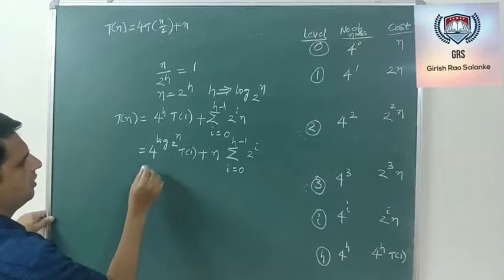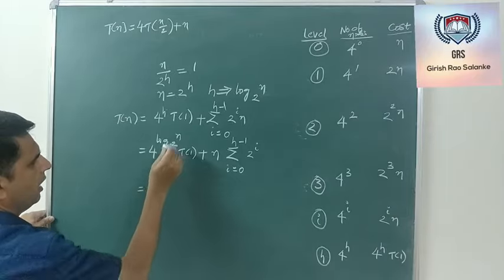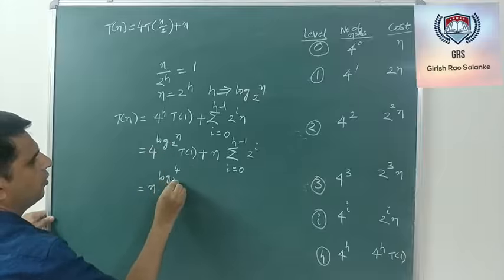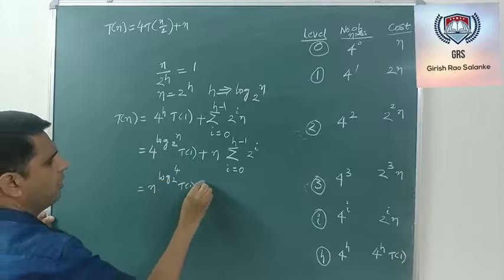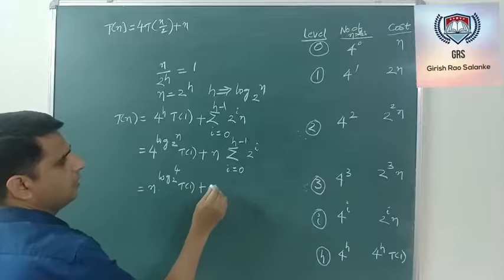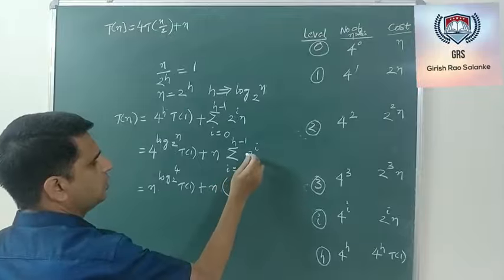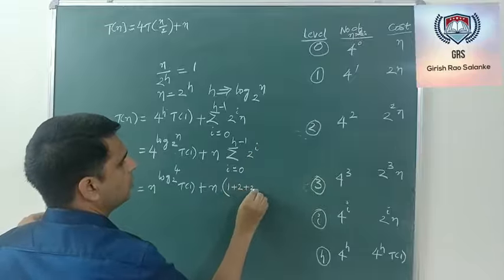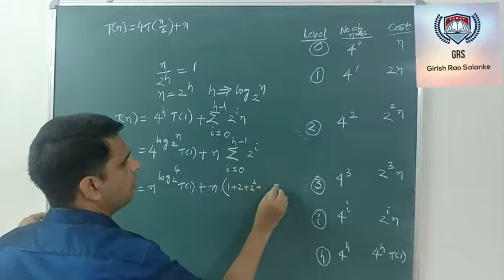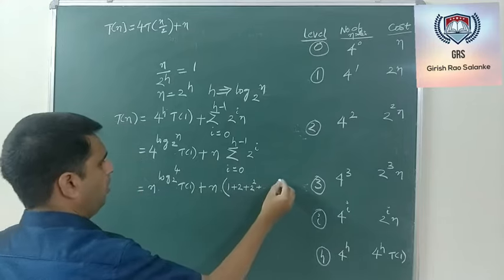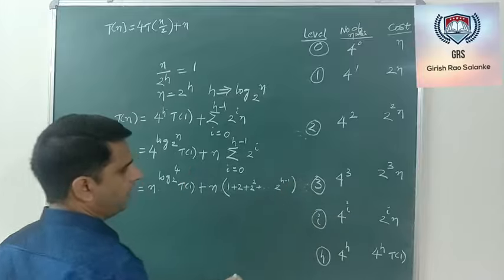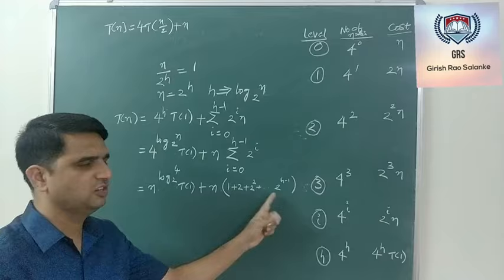Now what is this? Exchanging the value of n and 4, this is n to the log 4 to base 2 into T of 1 plus n into this value: 2 power 0 plus 2 power 1, that is 1 plus 2 plus 2 square up to 2 to the power of h minus 1.